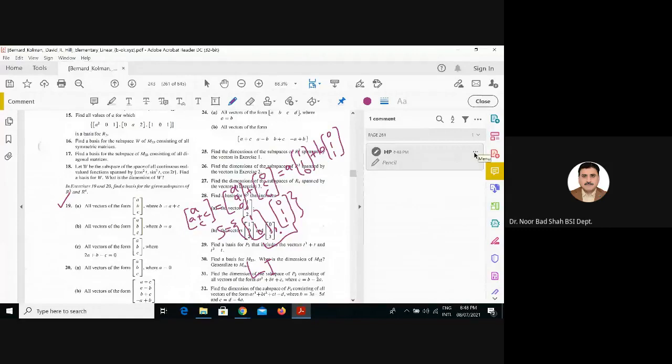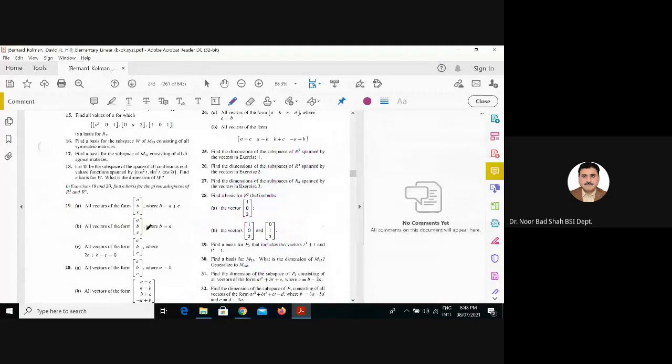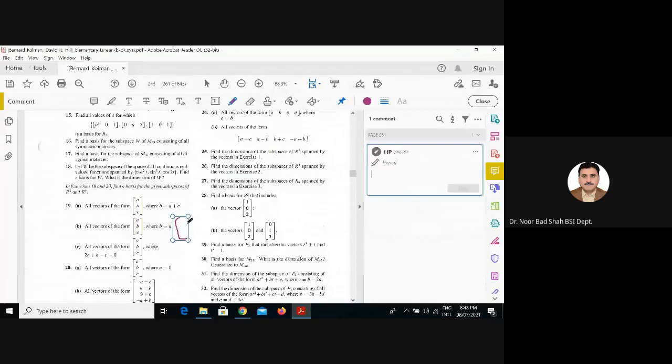Similarly, part B, we are saying A, B, C, but A and B are same. So you simply replace A with B or B with A. So this element will become A and C. And then you split that into two vectors.